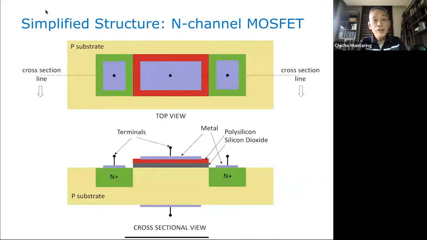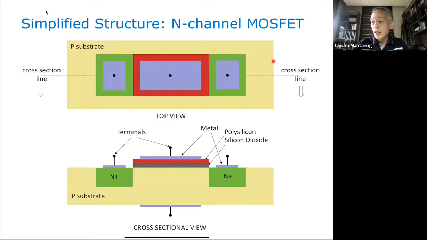Okay, I wanted to present to you a simplified structure and the theory of operation of the N-channel MOSFET. So I came up with a few slides for that. If you take a look at the structure of a MOSFET, in particular an N-channel MOSFET, this is the top view.